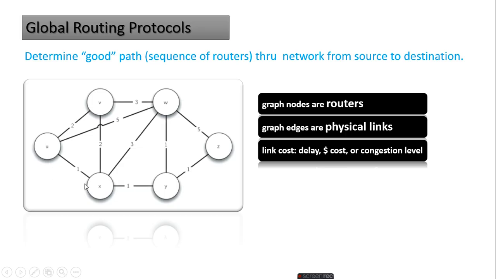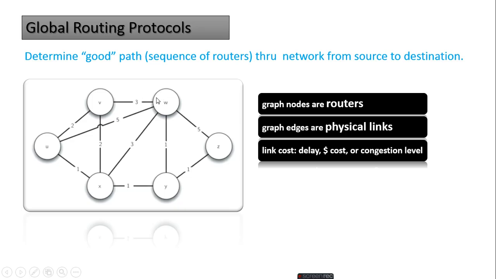The cost is the number given to indicate what sort of traffic or delay exists on the link. The lower the number, the better the link. The faster the link, the lower the traffic it has. The higher the number, well, it's the exact opposite. So when we are looking for the best path, we are looking for the lowest cost path.